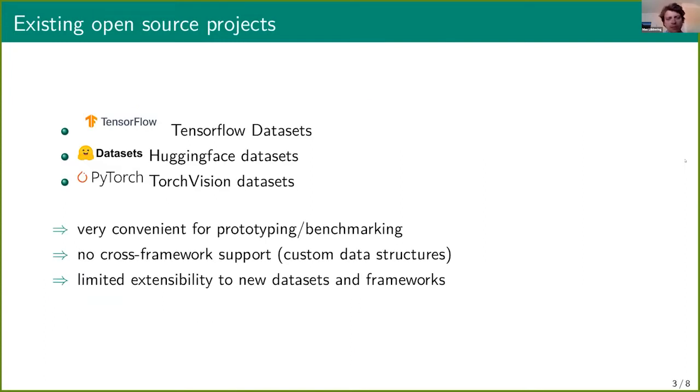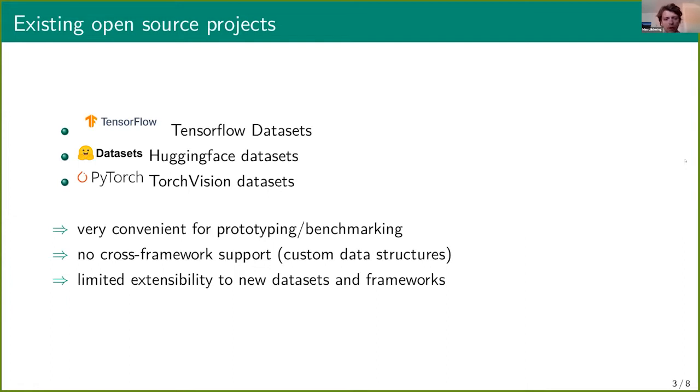There are some existing open source projects which already integrate all these three integration steps, and it's very convenient for prototyping and benchmarking your machine learning algorithms. The way they do this, they basically provide you with an iterator, and internally then do all these steps of integration, retrieval, preprocessing, and also iteration.